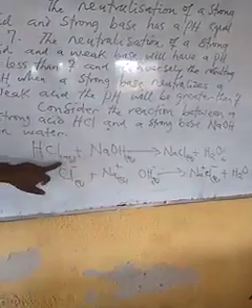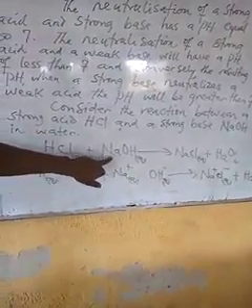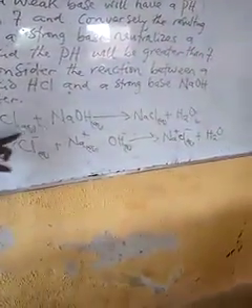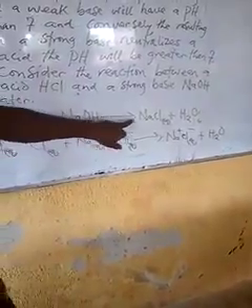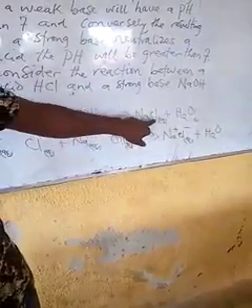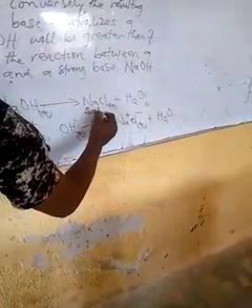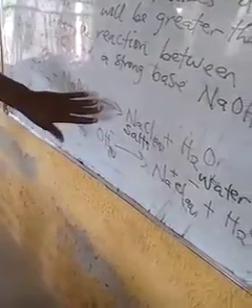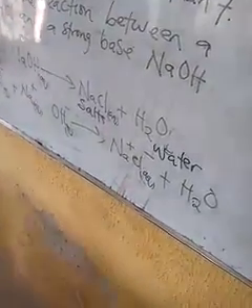This is HCl in aqueous form and NaOH in aqueous form. These two substances react to form sodium chloride, which is a salt, and H2O, which is water.